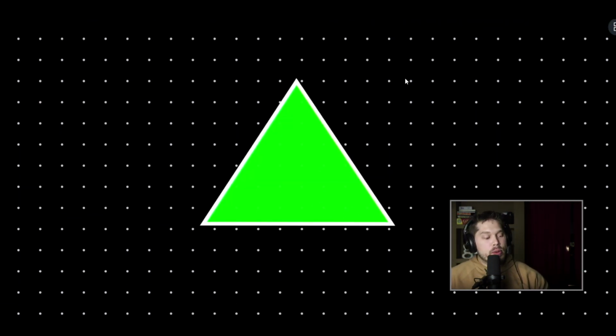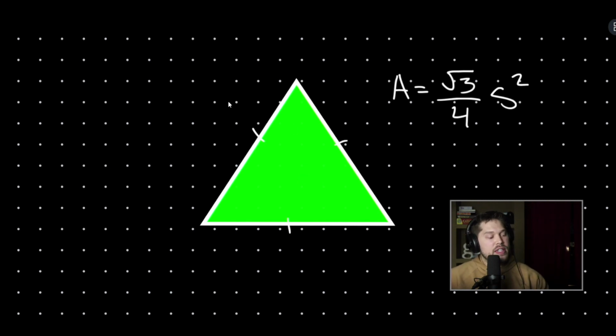So moving forward, we have our equilateral triangle. Remember, our equilateral triangle is such that all of the sides are congruent to one another. And the formula for the area of an equilateral triangle is the square root of 3 over 4 times our side length squared. So let's say that our side length is given to us to be 10. What would the area of this equilateral triangle be?